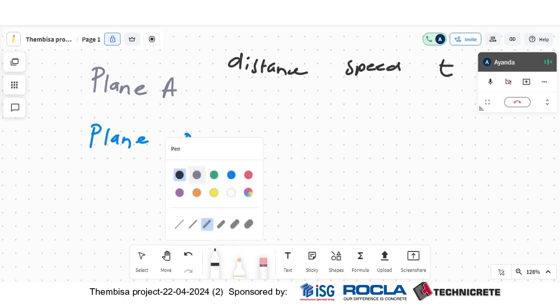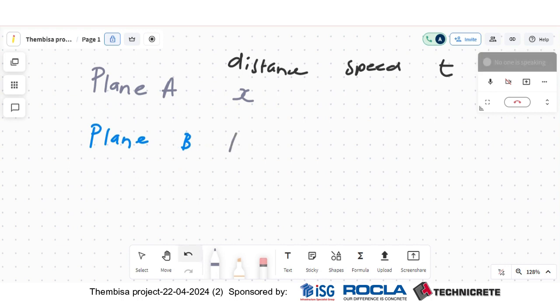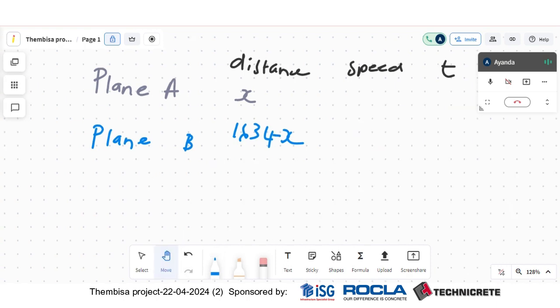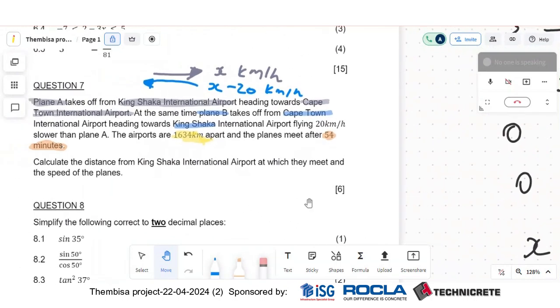Plane A travels a distance of x. And plane B, since it's going from Cape Town to King Shaka, travels 1,634 minus x. This is the distance where the two planes meet.